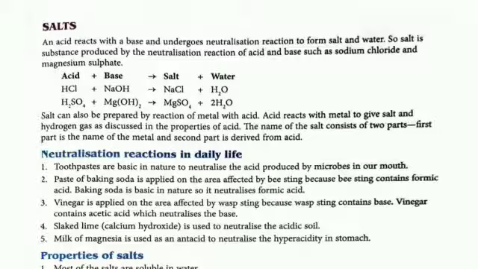So we just put paste of baking soda on the area where the bee has stung, where the formic acid is formed. We put baking soda, that neutralizes it and we feel better.